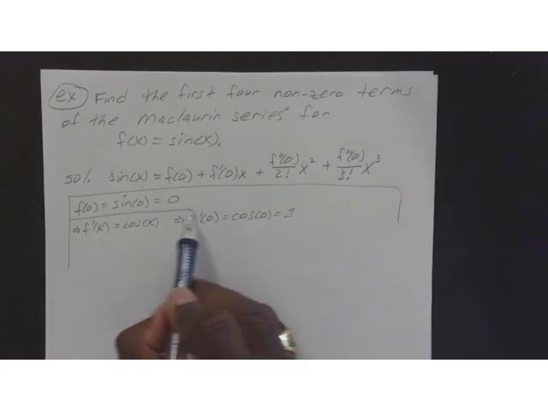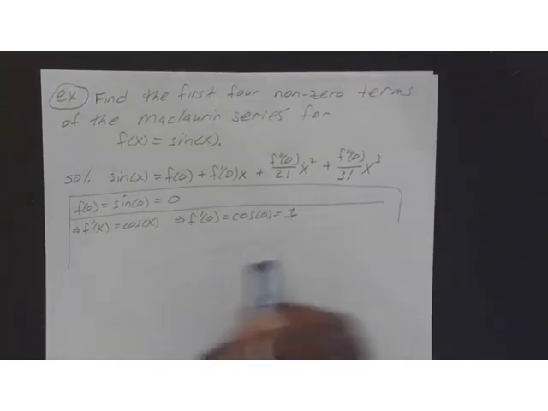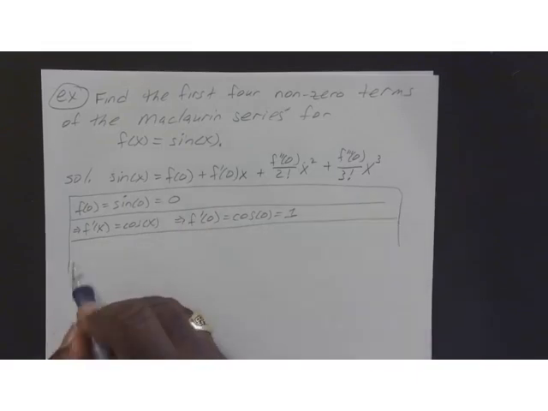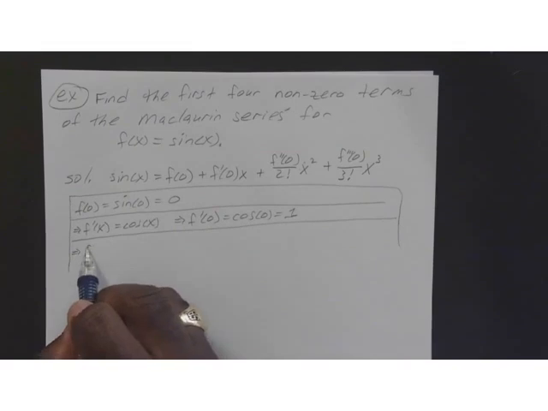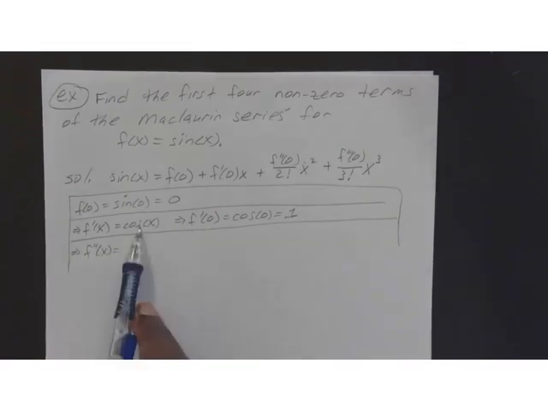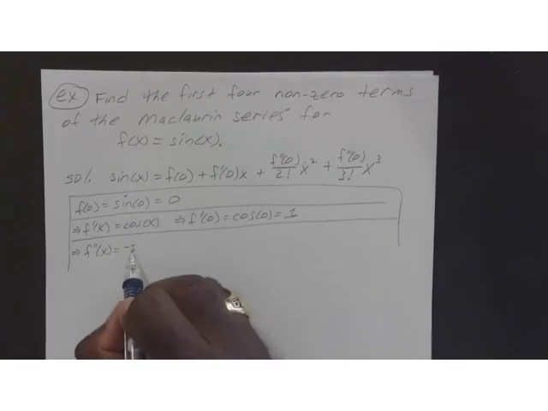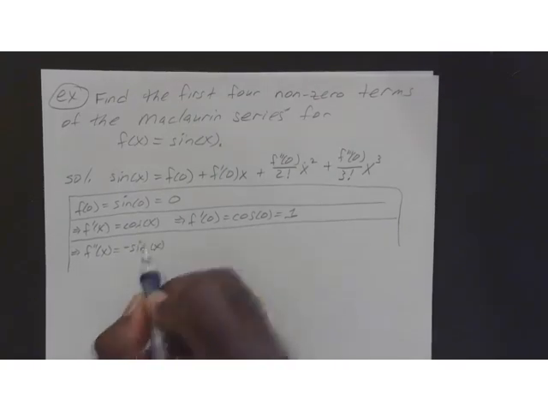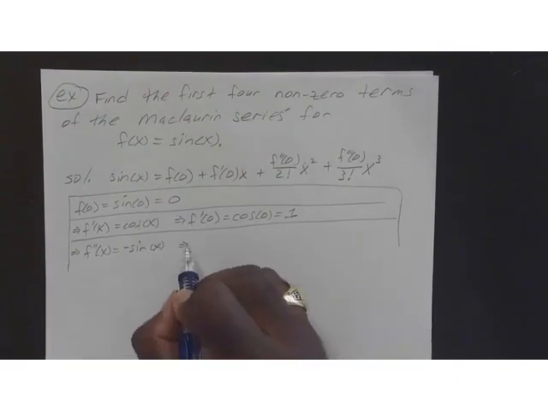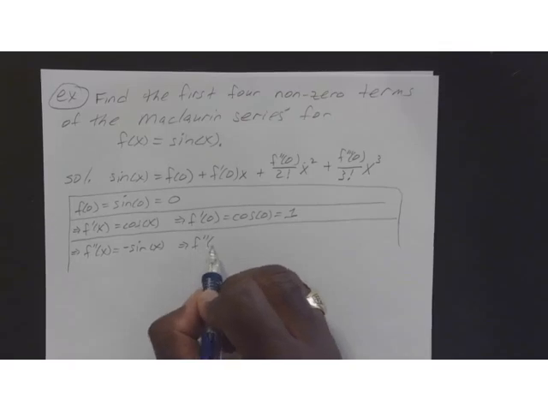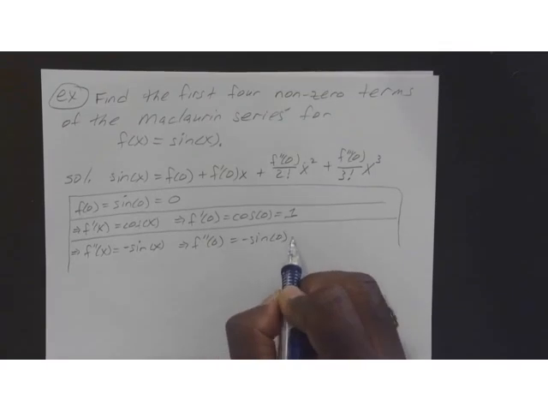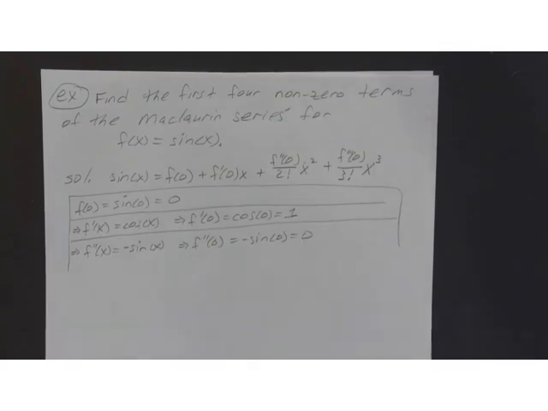And let me separate these a little bit so they're not all running together. So our second derivative of x is the derivative of cosine, which is negative sine. That means the second derivative at 0 is just negative sine of 0, which is still 0.